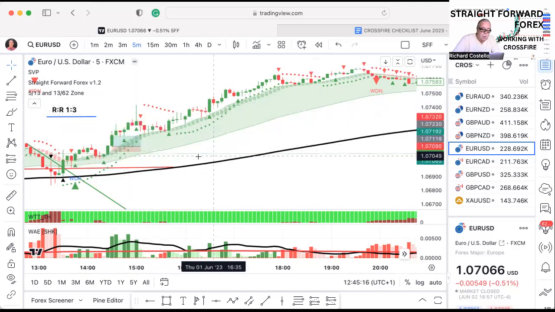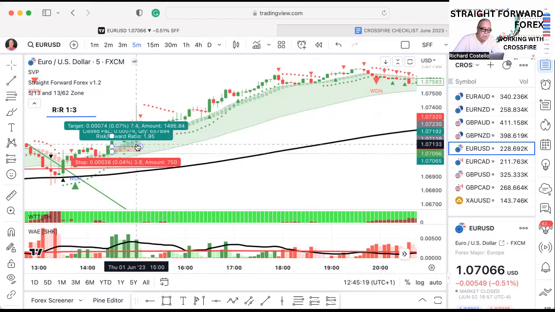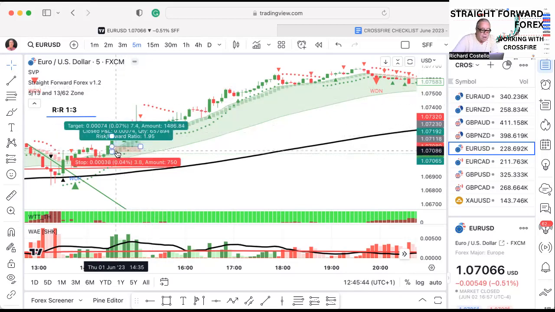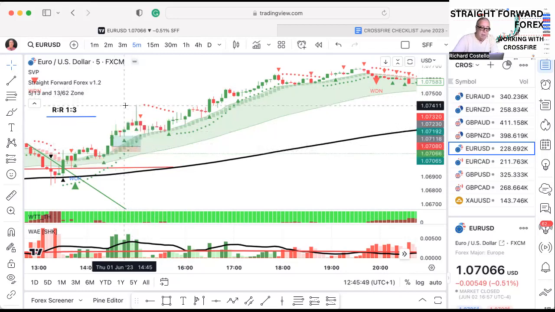But in order to risk 1% of my account to get a 2% account growth, I only need a price increase of 7.4 pips. However, that's not a good trade because the stop loss is only 3.8. And as I said before, your broker spread can be two pips, so that would be quite easy to be taken out. In this case, you can see the price didn't actually go down below the entry price, but that's not always the case. Price can go down before it goes up.